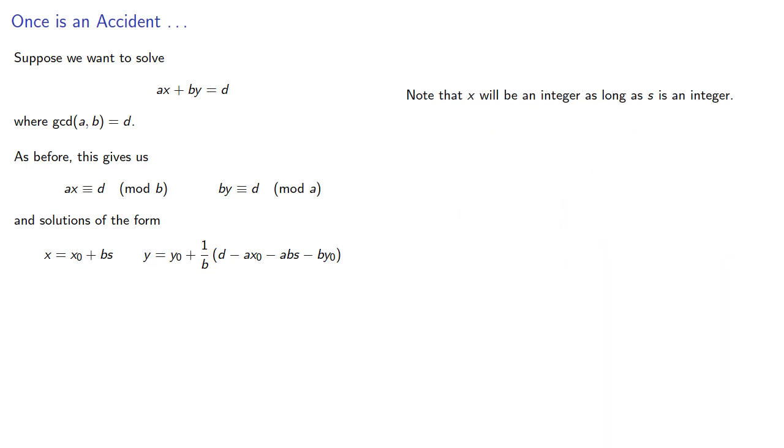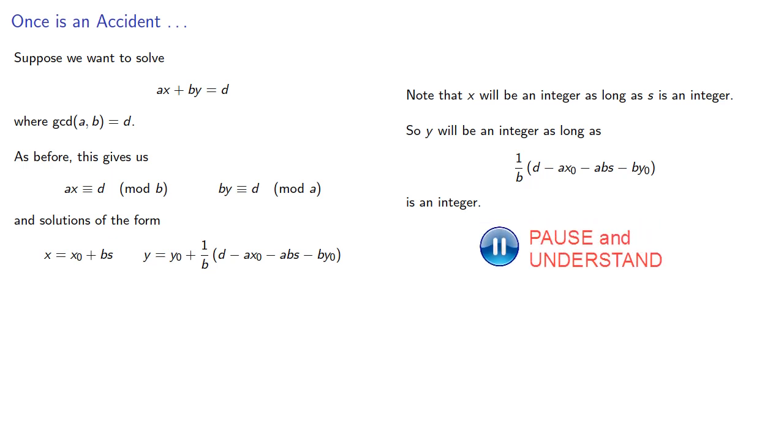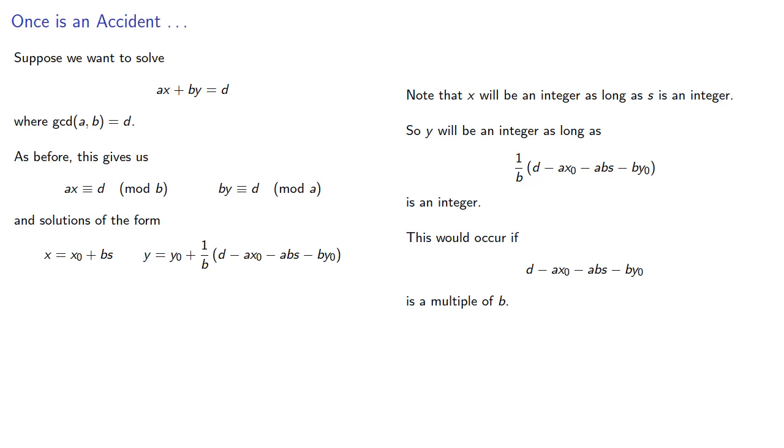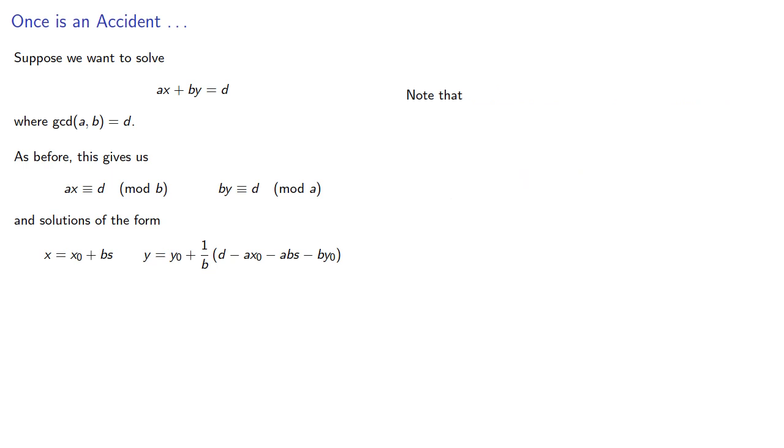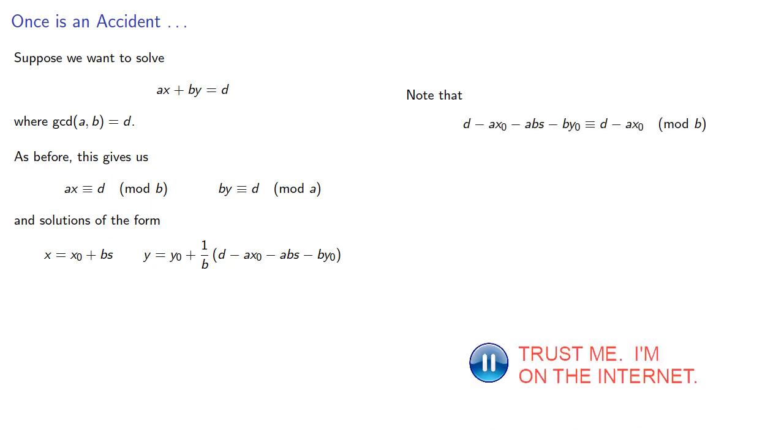Notice that x will be an integer as long as s is an integer. But y has this fractional component, and so y will be an integer as long as this expression is an integer. And this would occur if this expression is a multiple of b. So note that this expression is going to be congruent to d minus ax naught mod b.